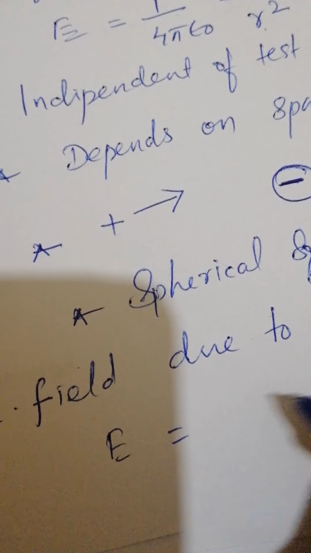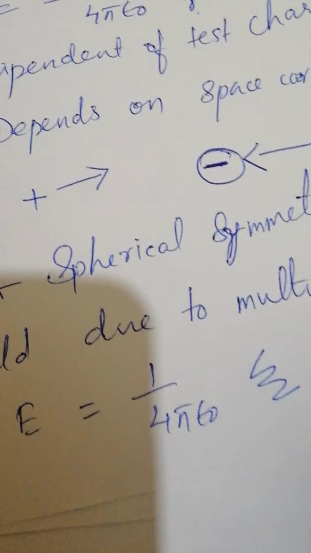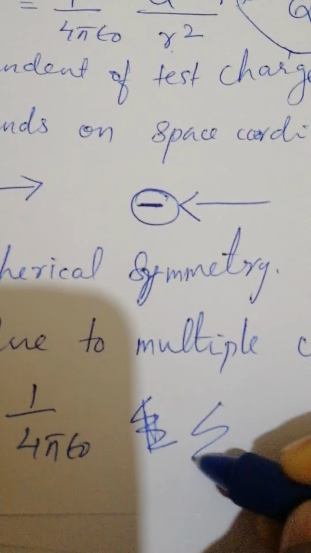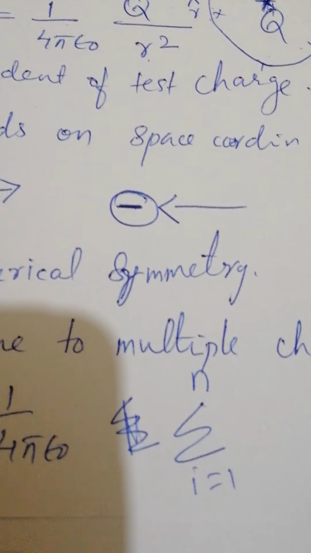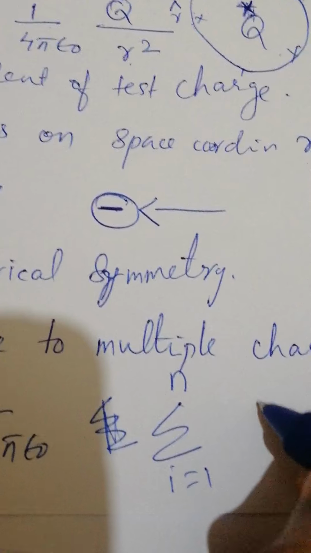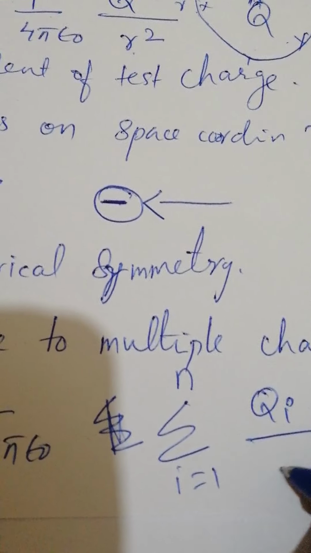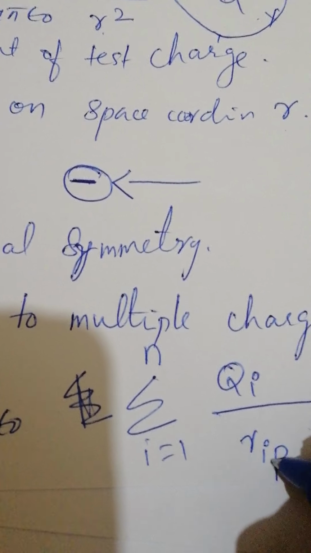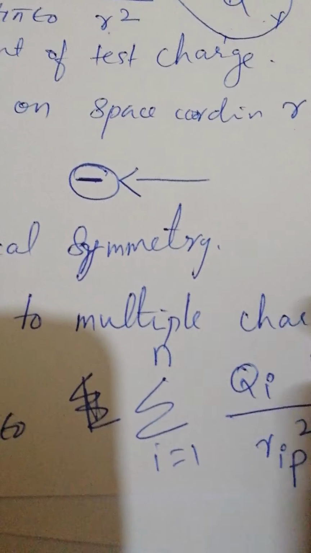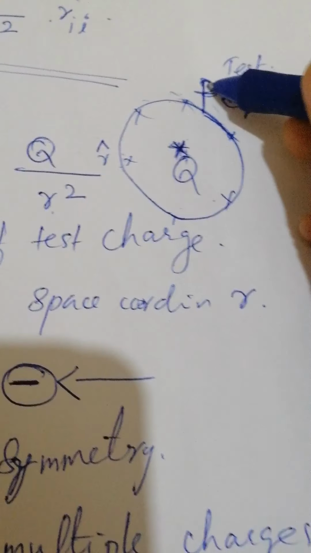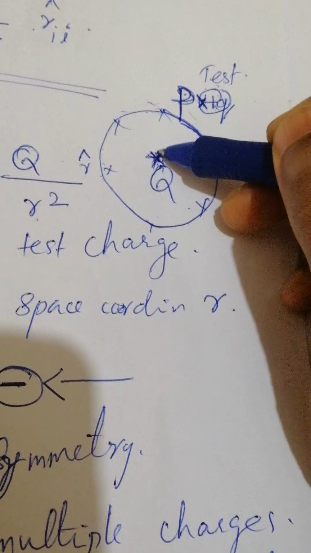So we can write 1 by 4 pi epsilon 0 sigma i is equal to 1 to n, only one charge will be there, qi divided by r p the square and unit vector r i p, where p is the point, and here only one charge we have considered.